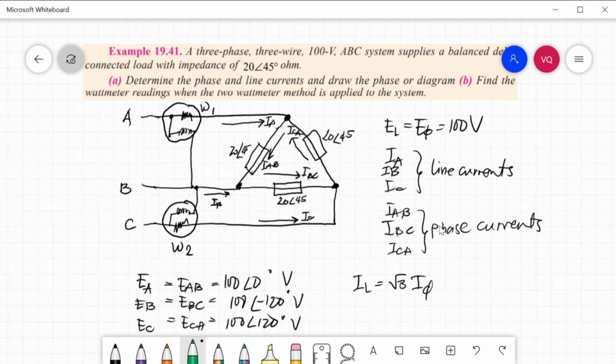We have phase currents which are IAB, IBC, and ICA. So in delta connected load, we know that the line voltage is equal to phase voltage, which is 100 volts, and the line current is square root of 3 multiplied by the phase current.